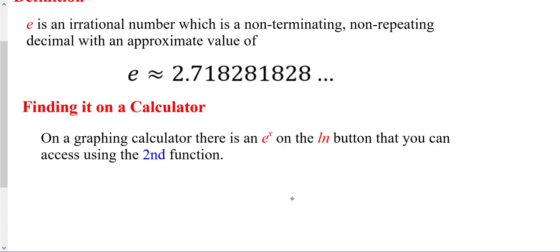So you would have to hit the second button to use the e to the x. Now the value for e, this irrational non-terminating number, is already programmed in there with the e. So what will show in your calculator is the e, and then it'll prompt you to put in an exponential amount.